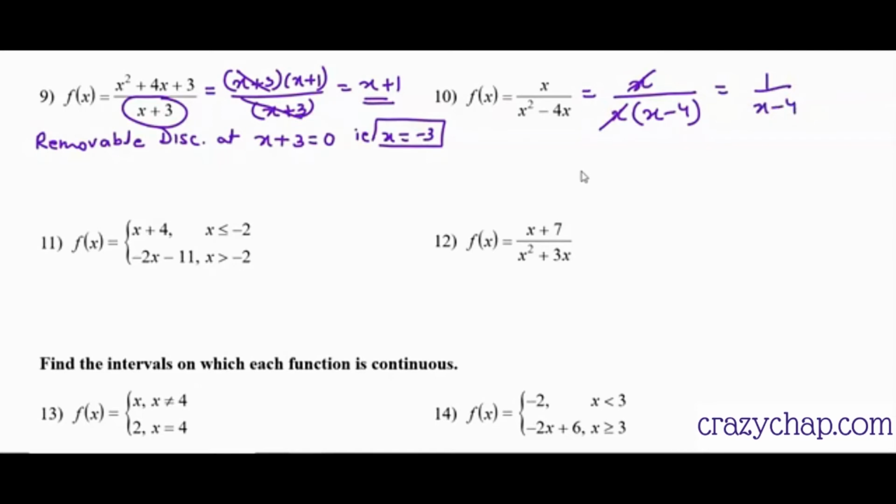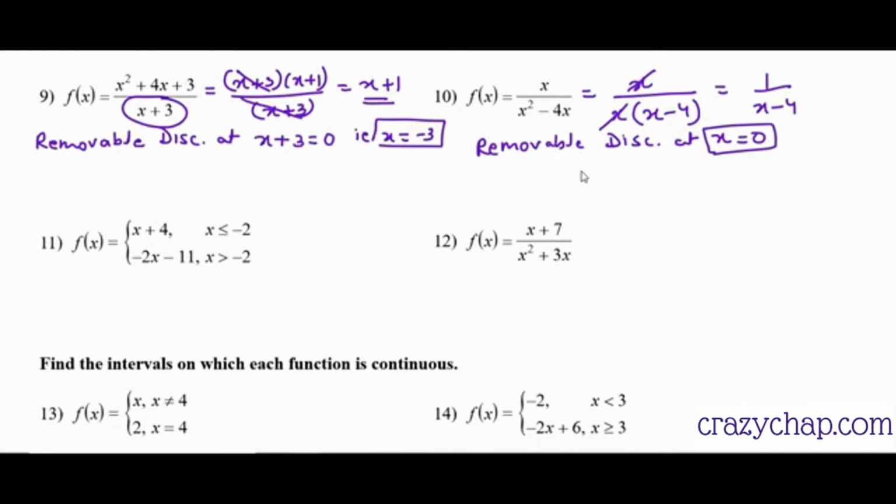So, first of all, there is a removable discontinuity because the common factor is x. So I'm writing removable discontinuity at that common factor. I will write at x equal to 0, right? The common factor equal to 0 makes the removable discontinuity.